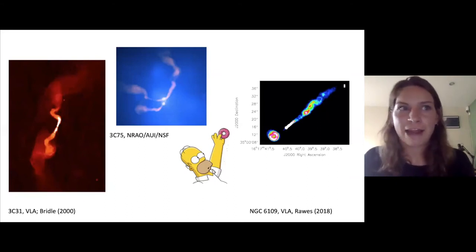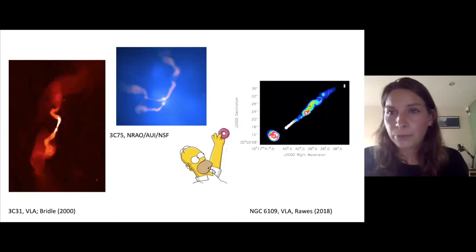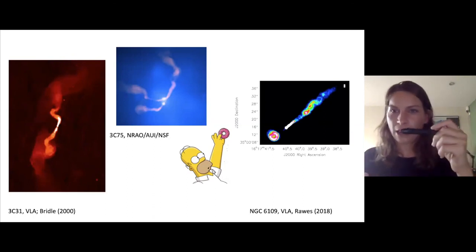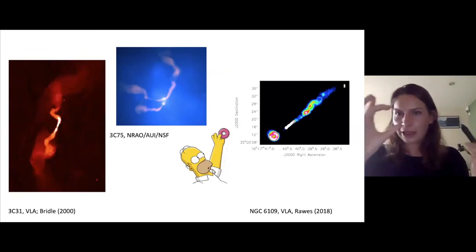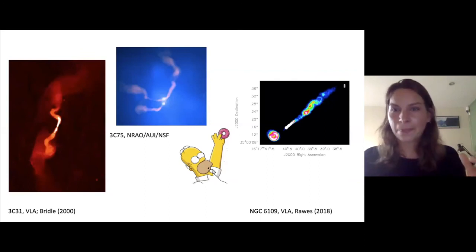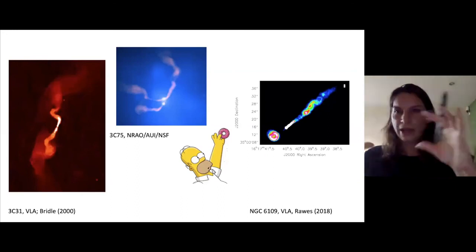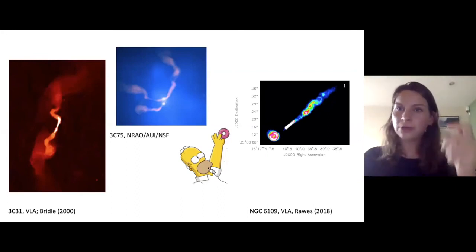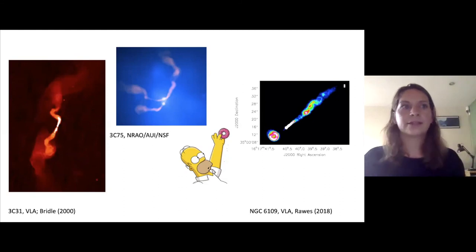Now, this is really rare, and there are only a few possible explanations for this motion. The first is that what we could be looking at is a helical motion of the jet, and we're just looking at it face on. If you imagine a slinky that stretches like this, in a helix, and we're just looking straight down the barrel of the slinky, it looks like a circle, but it could in fact be a helix.